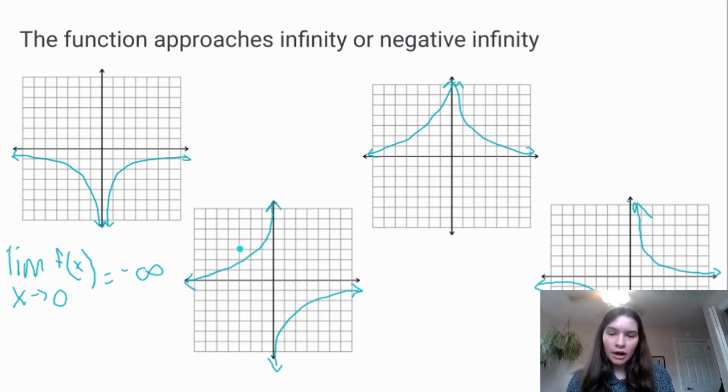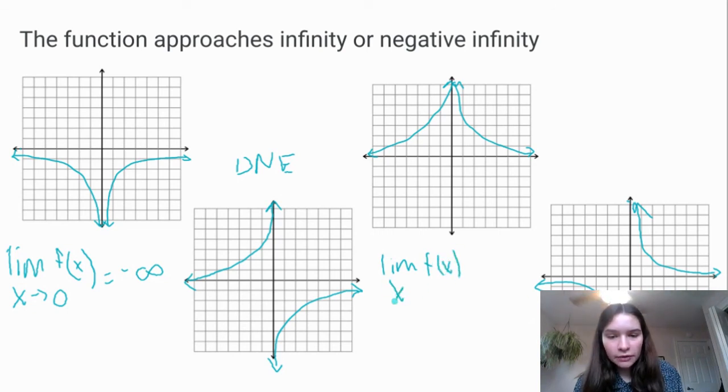For this one, they're not approaching the same thing at all. They're completely different. So here the limit is not going to exist. With this one, it is similar to the first one we were talking about. The limit is going to approach positive infinity as x approaches 0.